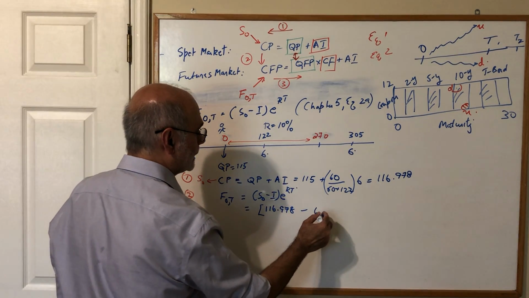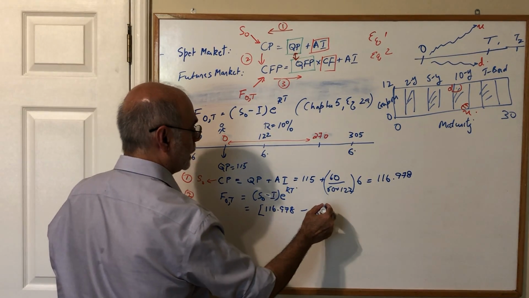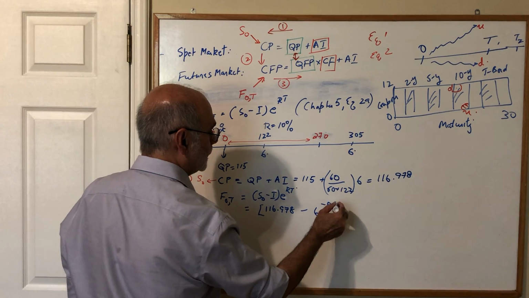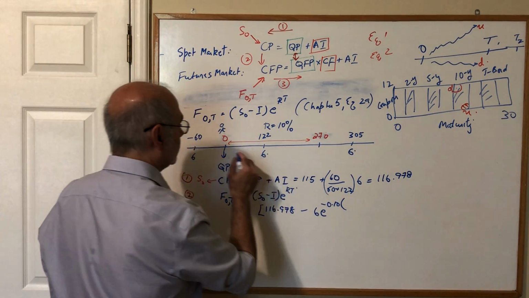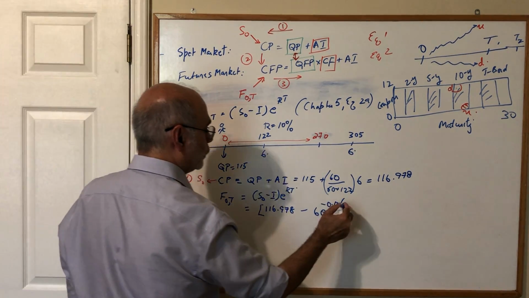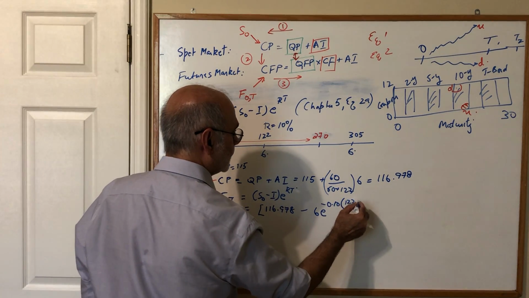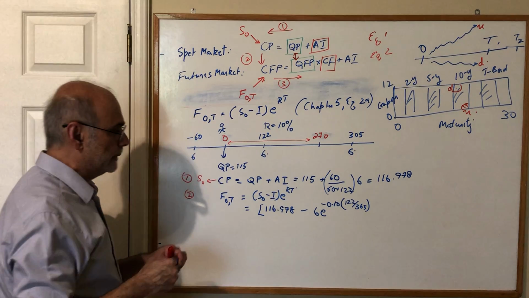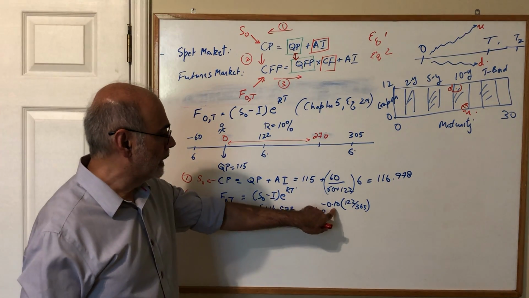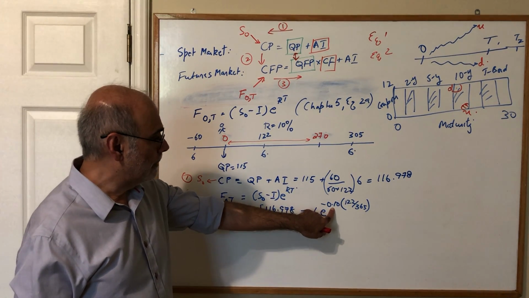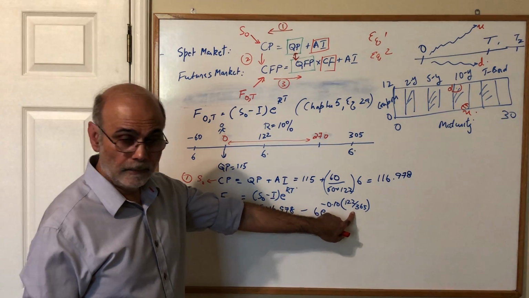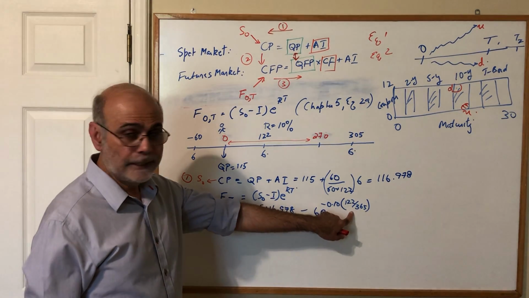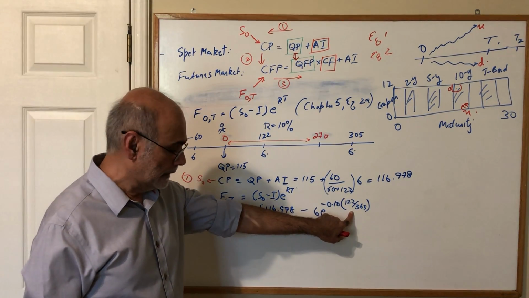That is 6, discounted at what interest rate? 10. For what period of time? 122 days over 365. When I do present value calculations, 10 is the continuously compounded interest rate, so time has to be measured in years.